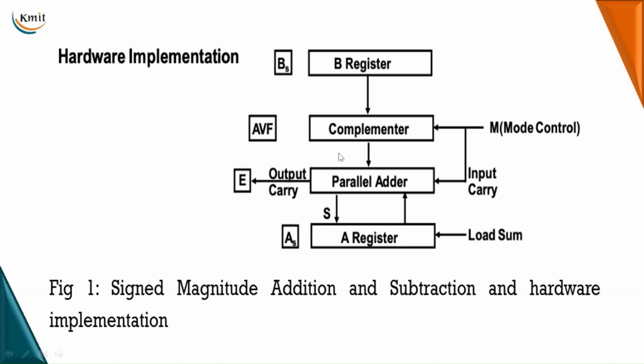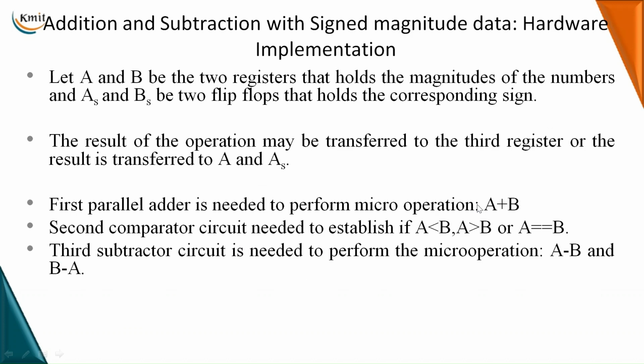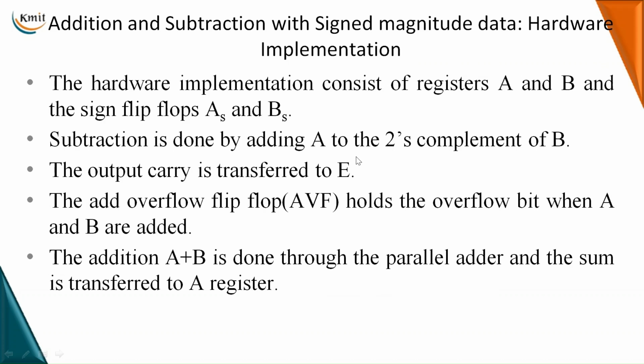This is how the hardware performs the addition and subtraction operation with the help of the complementer and a parallel adder. The same is explained here. A and B are two registers that hold the magnitudes. The hardware implementation consists of registers A and B and the sign flip-flops AS and BS.